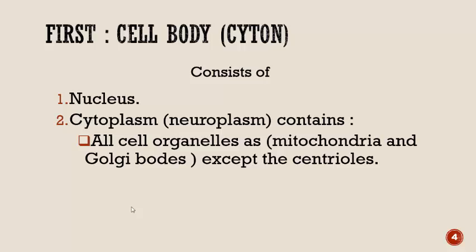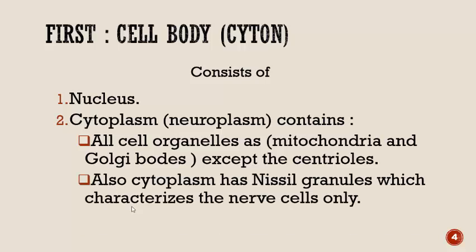This is the main difference between the nerve cell and the other cells, that the nerve cells cannot divide due to the absence of the centriole or the centrosome.